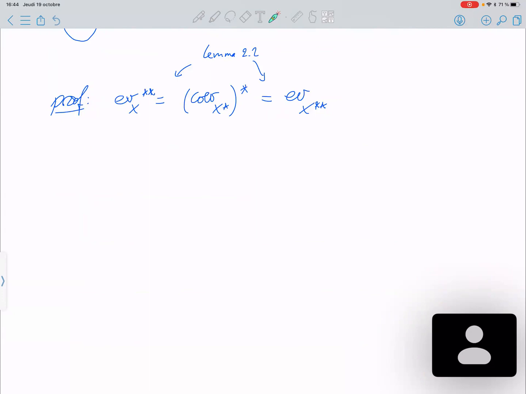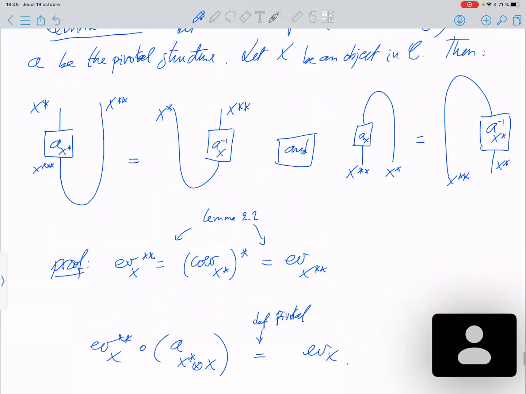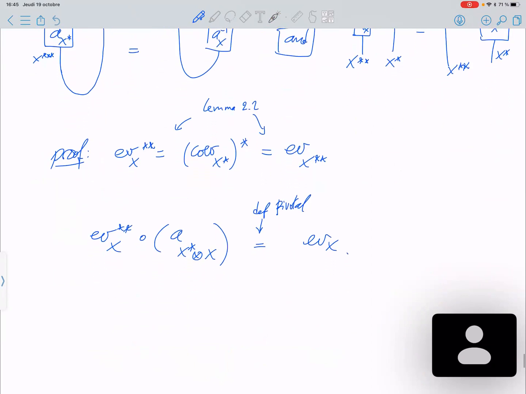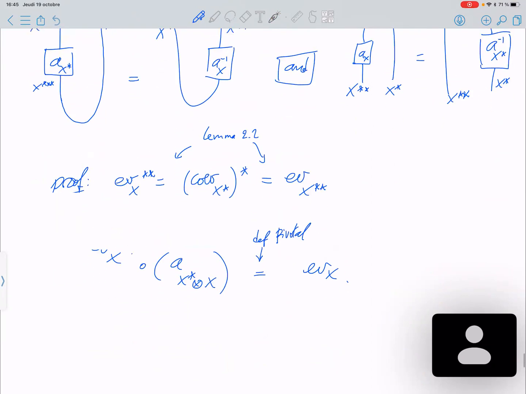Next, the evaluation map double star of X composed with the pivotal structure A_X star tensor X is equal, by the definition of pivotal, to the evaluation map of X. The evaluation map is a map involving the unit object, so we don't write it.